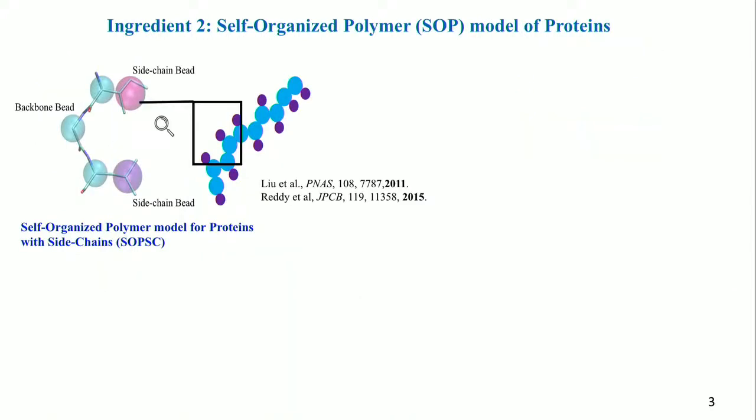Next, coming to the second ingredient of our coffee model, which is the self-organized polymer model of proteins. Here each amino acid is represented using 2 sites. One is centered on the C alpha atom of the amino acid residue, and one is centered on the center of mass of the side chain. So this is basically a coarse-grained representation.